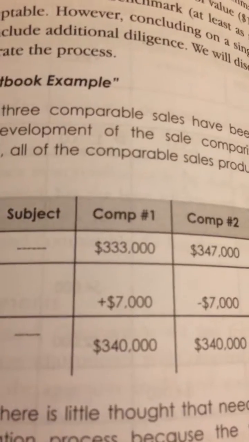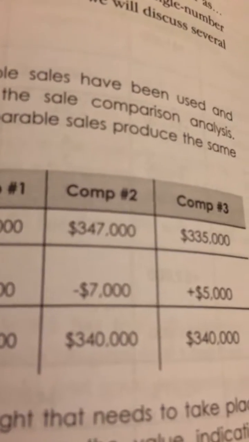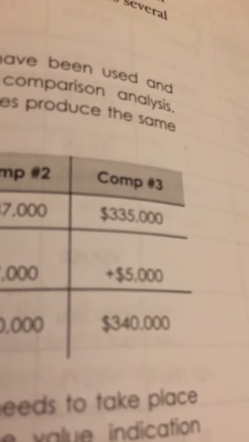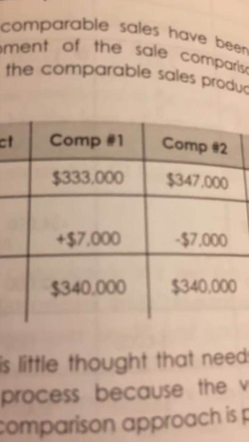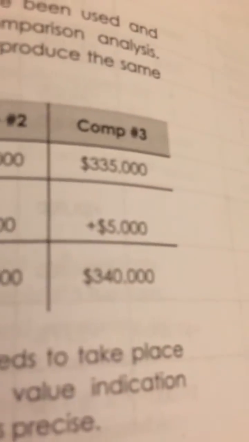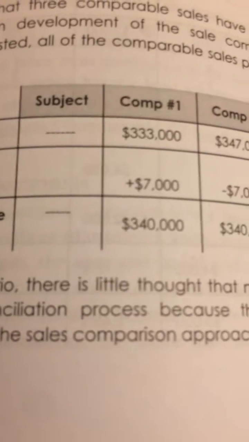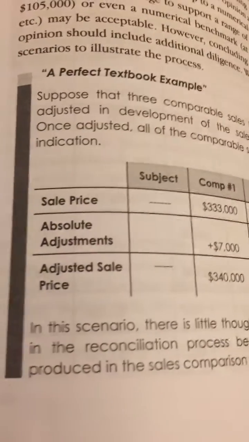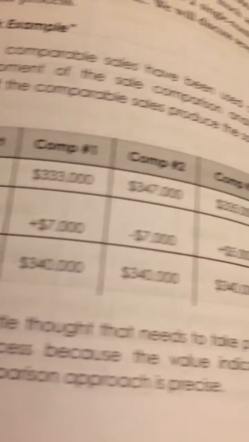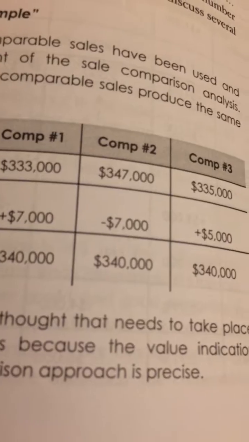Absolute adjustments, plus 7,000 for comp 1, minus 7,000 for comp 2, plus 5,000 for comp 3. Adjusted sale price, 340,000, 340,000, 340,000. In this scenario, there is little thought that needs to take place in the reconciliation process because the value indication produced in the sales comparison approach is precise.